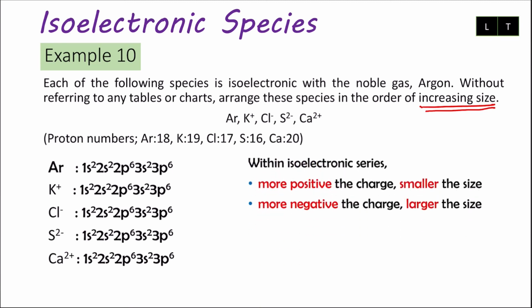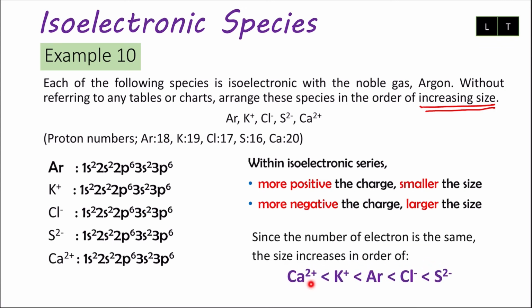Within an isoelectronic series, I told you before, the more positive the charge, the smaller the size becomes, and vice versa. The number of electrons in these 5 species is the same. So the size will increase in order starting from Ca2+, because Ca2+ holds the most positive charge. And S2- becomes the largest ion here because it holds the most negative charge.